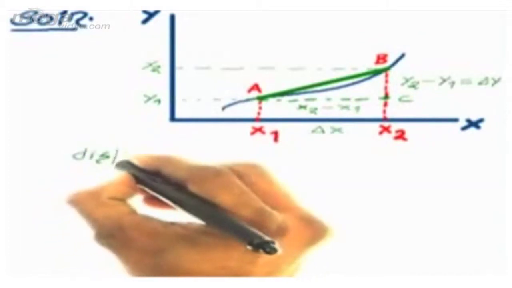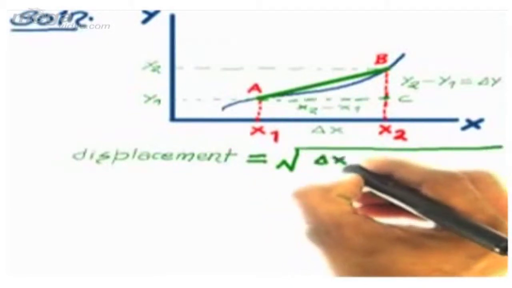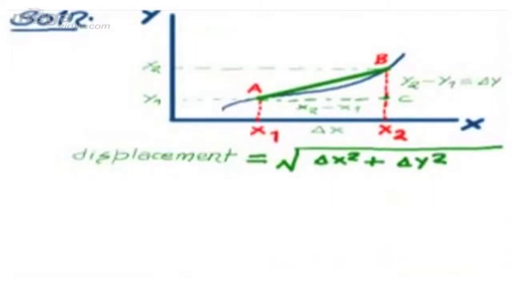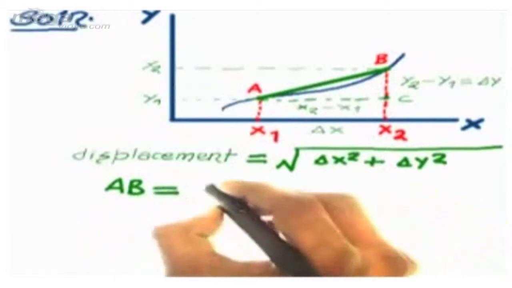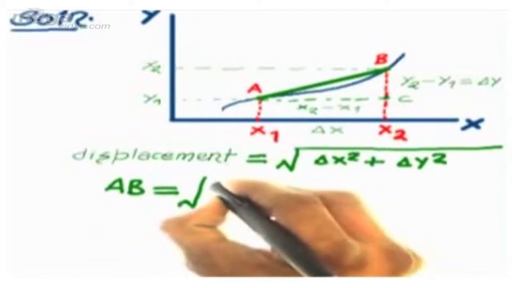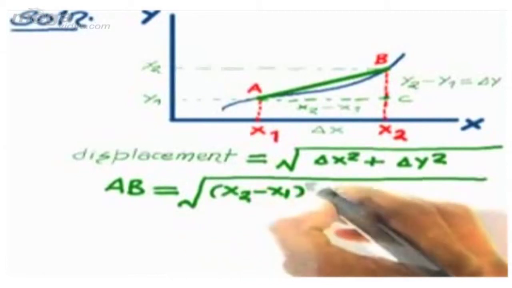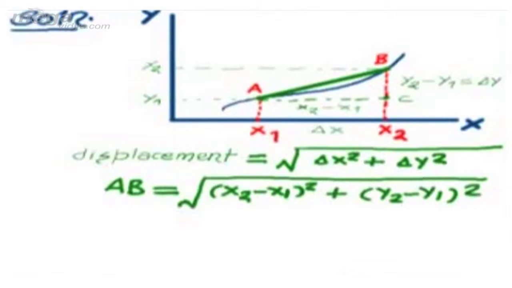Then displacement will become equal to the root of delta x square plus delta y square, and hence the displacement AB can be written as the root of (x2 minus x1) square plus (y2 minus y1) square.